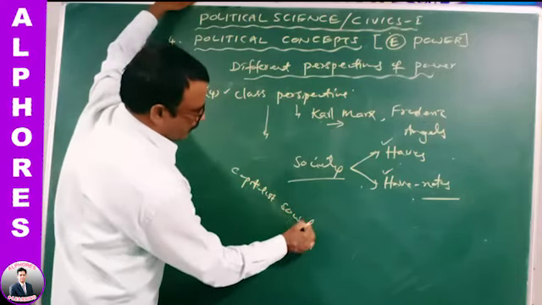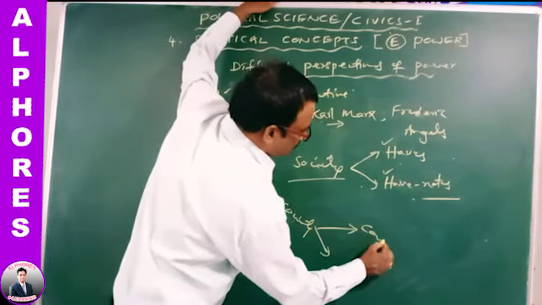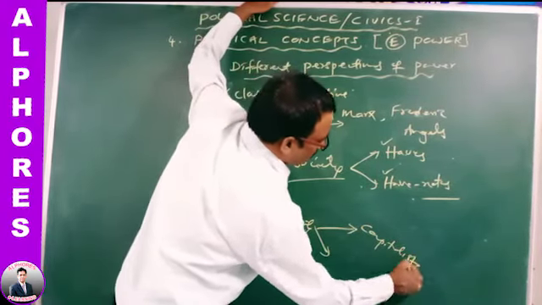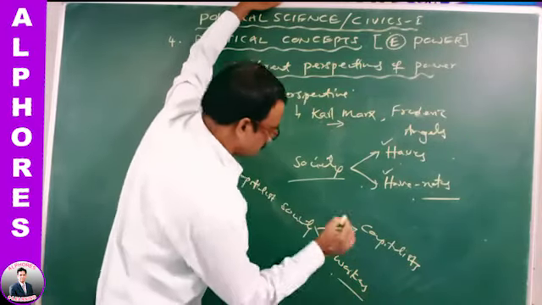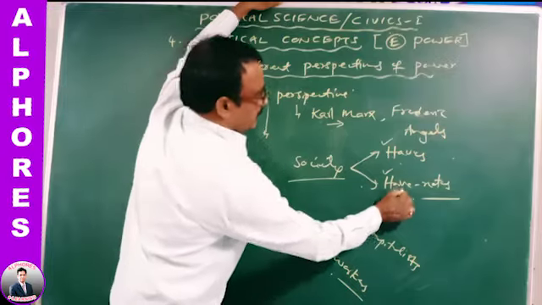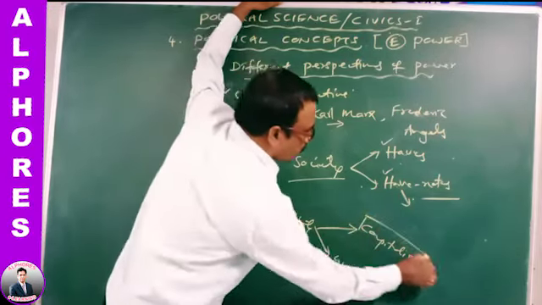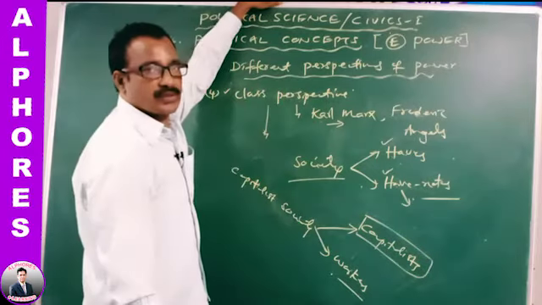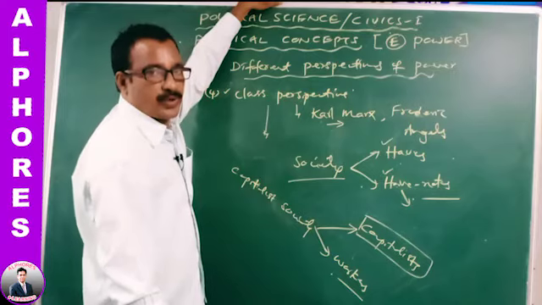In capitalist society, owners are the capitalists, and workers are the have-nots. Here all means of production are owned by whom? Capitalists. They were the owners of means of production.